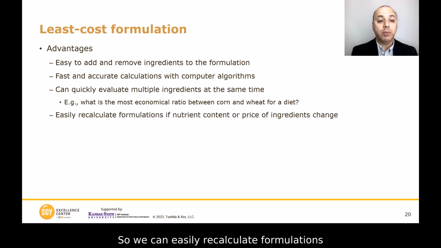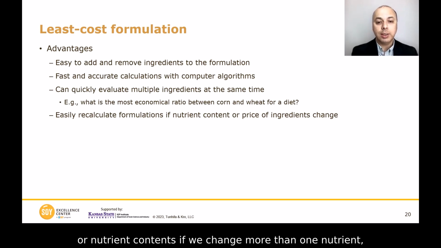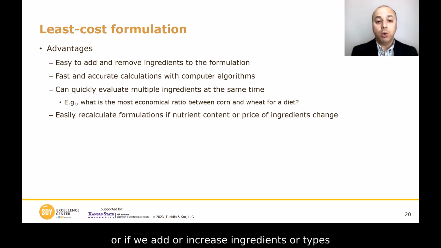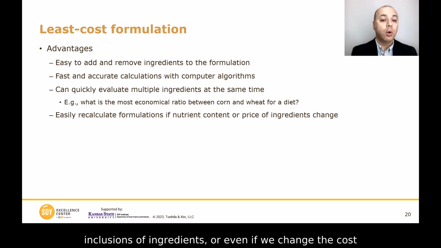So we can easily recalculate formulations, whether we have a change in the nutrient contents, if we change more than one nutrient, or if we add or increase ingredients or types of ingredients that we add to the diet, if we change any constraints, minimums and maximums inclusions of ingredients, or even if we change the cost.